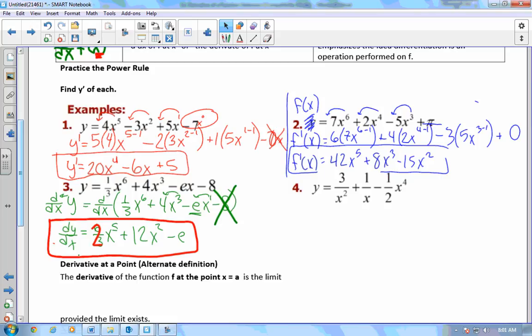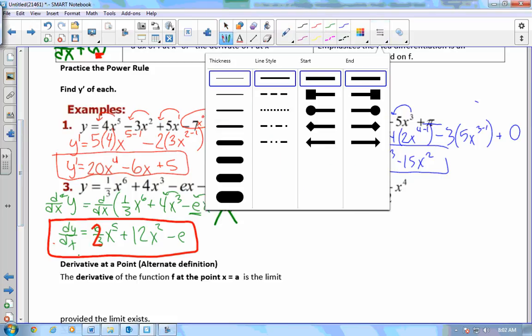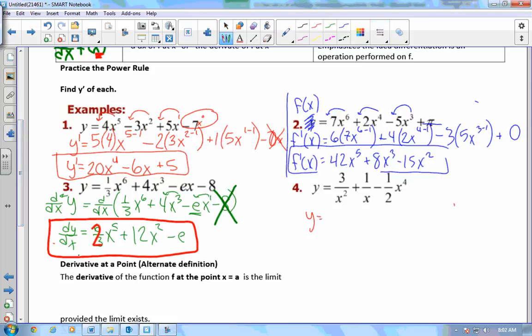Where's the x? In the denominator. So, I could rewrite this. Y equals 3 times x to the what power? Negative 2. Negative half would be square root in the denominator. Plus x to the negative 1 minus 1/2 x to the 4th. Okay, if that helps, I'll finish it.